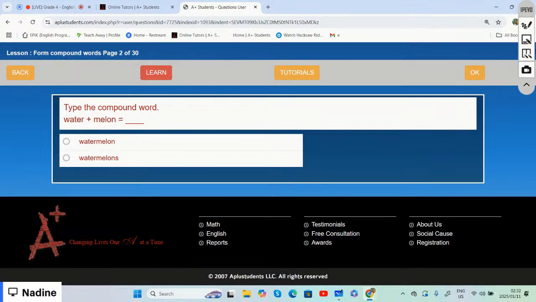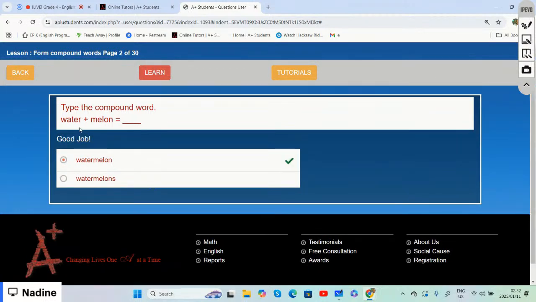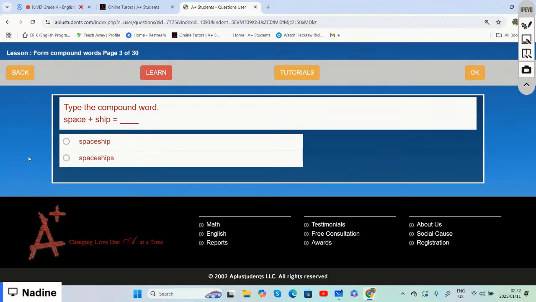So we said water plus melon is watermelon. Space plus ship. So we go into space. Is it with the space plus ship, which is either spaceship option one or spaceships option two?